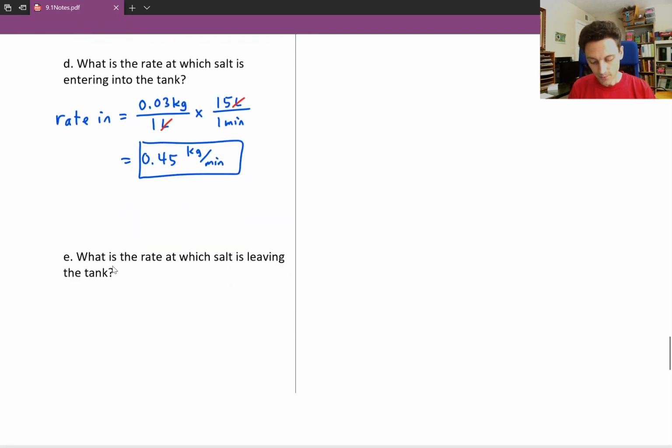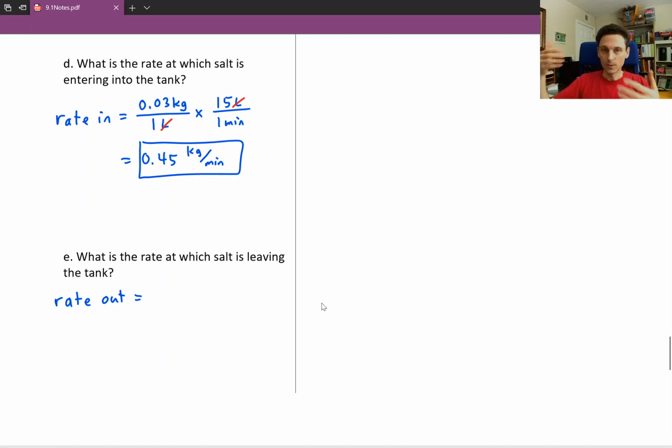Part E asks, what is the rate at which salt is leaving the tank? In other words, what's the outgoing rate? Here we have to think about what is the concentration of salt in the tank. That's changing over time because the solution going into the tank has a constant concentration, but it gets mixed around inside the tank.